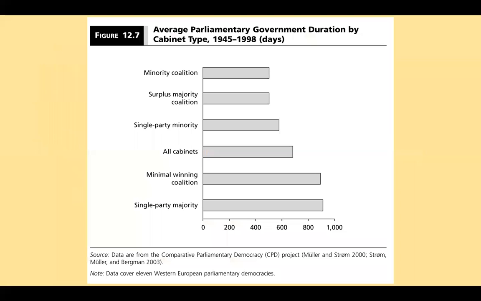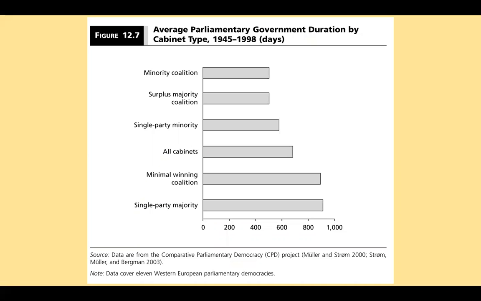So when you take a look, you'll notice that governments survive to differing degrees based upon the type of government. And notice, first and foremost, that a single party majority is the most durable form of parliamentary government.